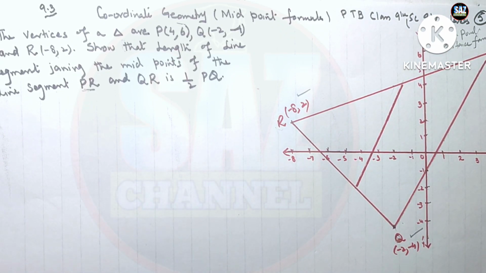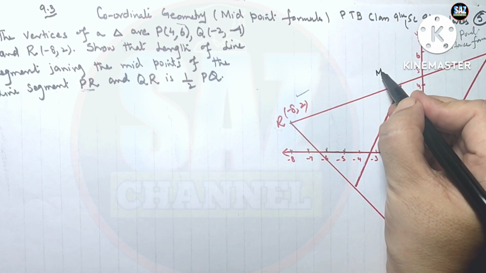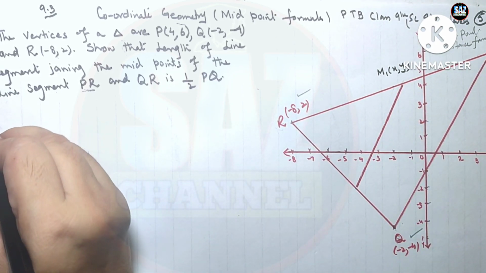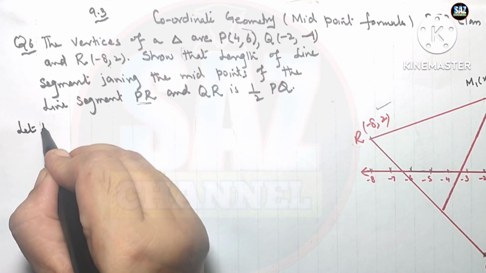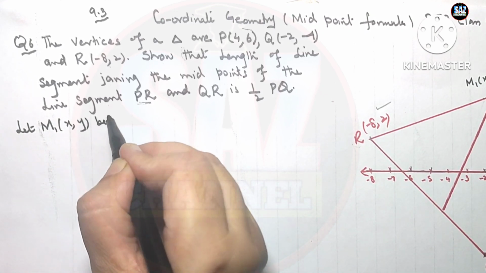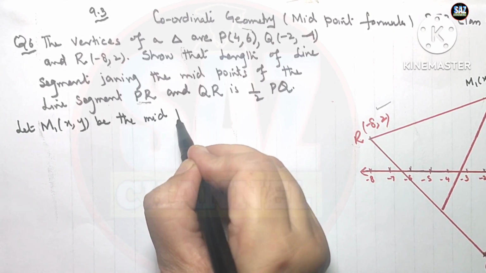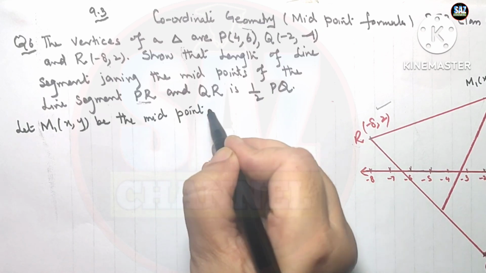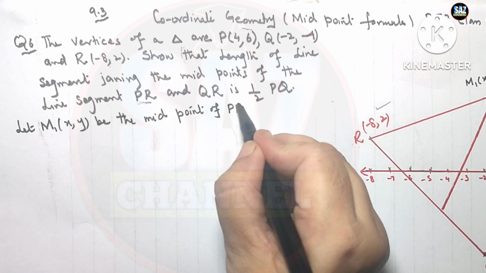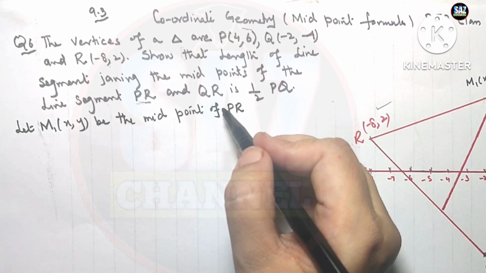As we need to find two midpoints, let's mark two different names, like M1(x, y). Let M1(x, y) be the midpoint of the line PR.